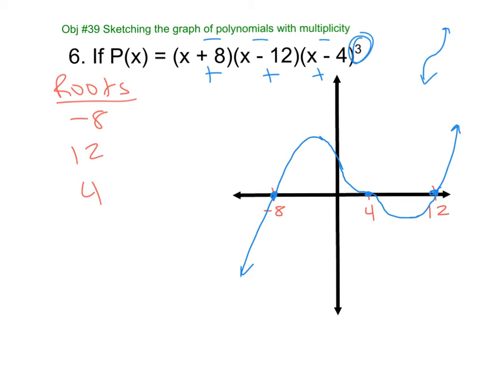I did not do a great job, but at 4, you need to draw in something that looks like an x cubed. That's a little better. All right, so that's my graph. It can't just go smoothly through. It has that little inflection point, spaz out point, as I like to call it.